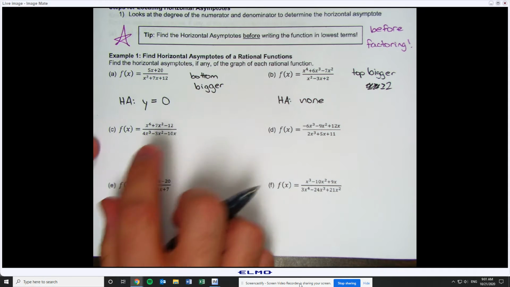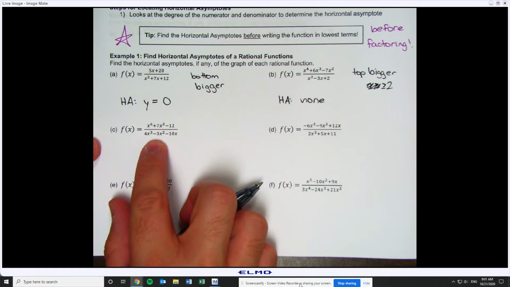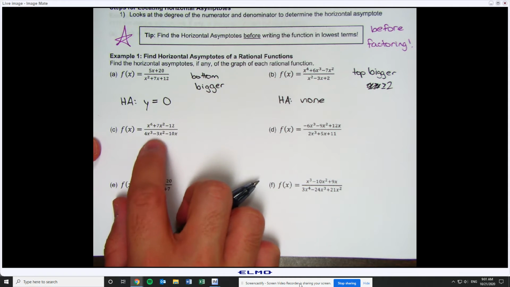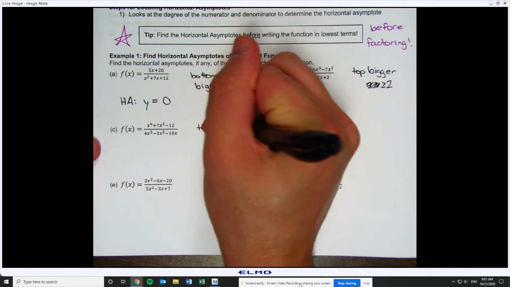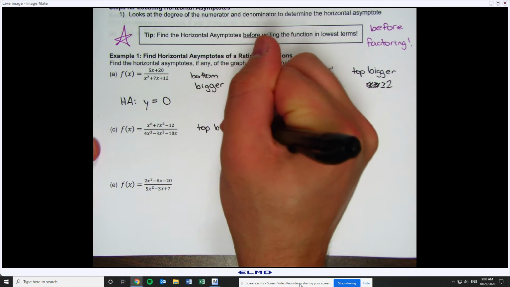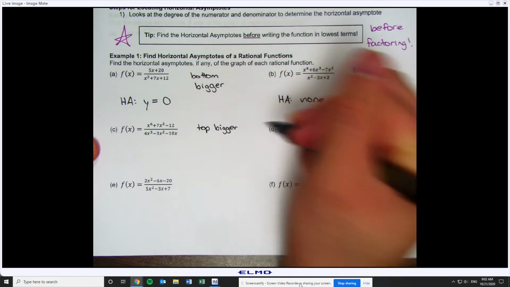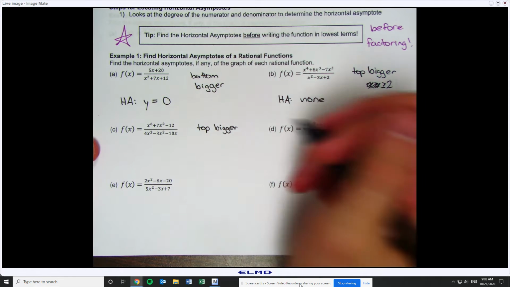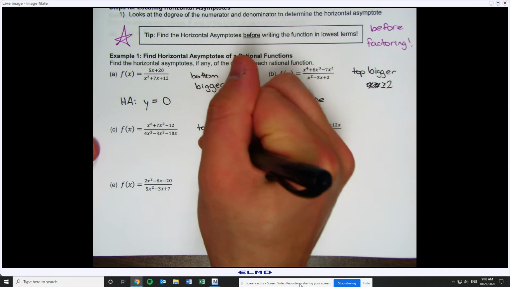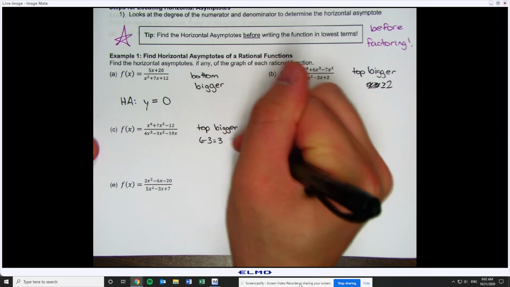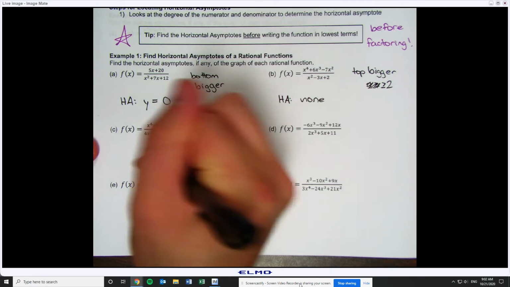All right, now for this next one, I see that my degree on top is 6, my degree on bottom is 3. So yet again, my top is bigger, but I gotta make sure that it's bigger by 2 or more. Here, 6 minus 3 equals 3, which is bigger than 2.